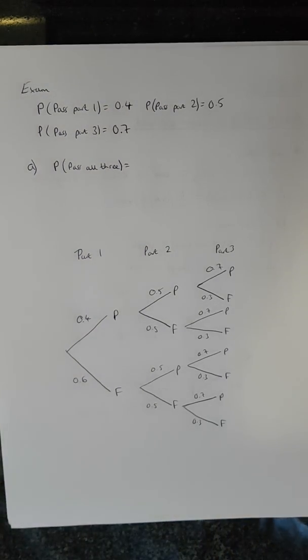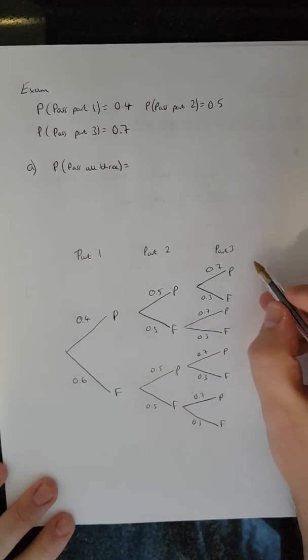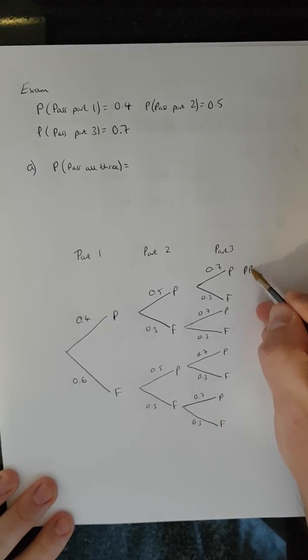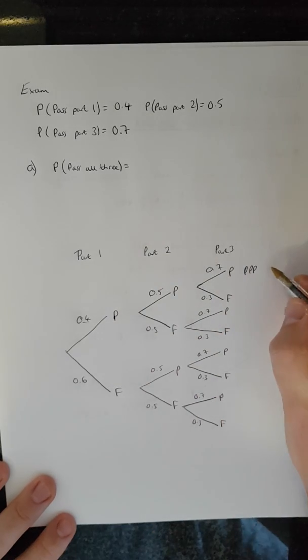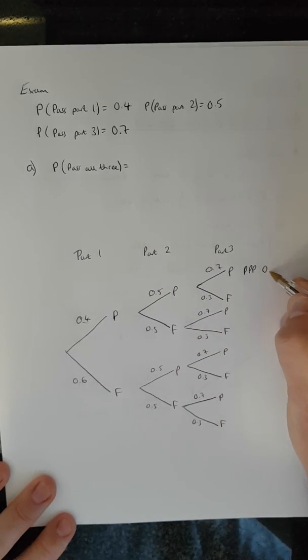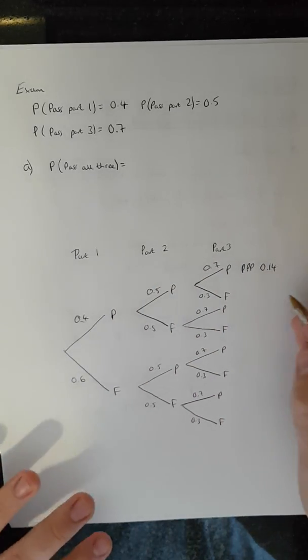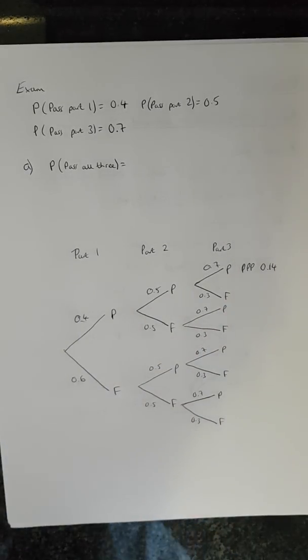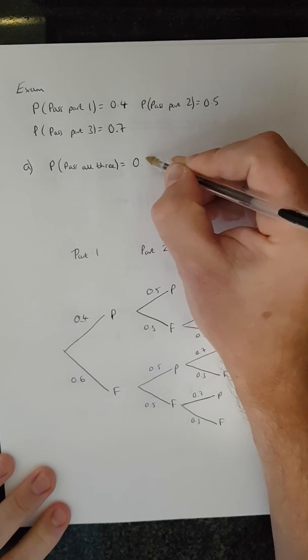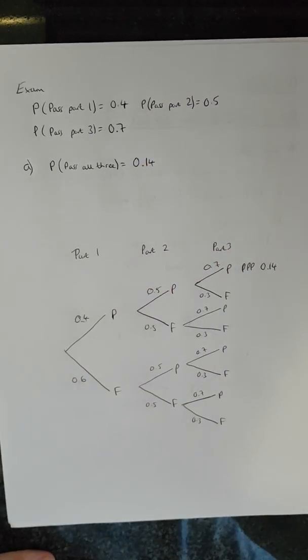Now, passing all three, that's going to be the top option, which is PPP. This times this times this. Now, I'll do this on a calculator at this stage. It's 0.14. Now, rather than working out all of the rest, I'm just going to stick to what I need at the moment and put that down.